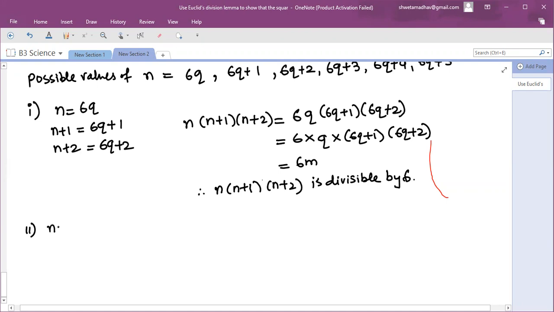Ma'am, 6q plus 1 and 6q plus 2 are the solution when the remainder is 0, right? No, these are the factors. First we have to see the factors, so these are in the product form. This is one term, this is the second term, and this is the third number.